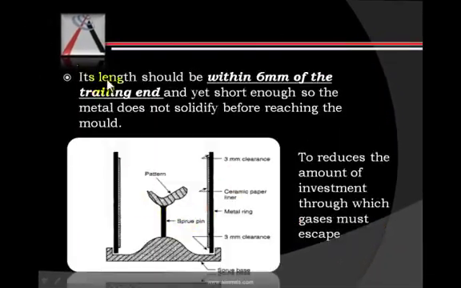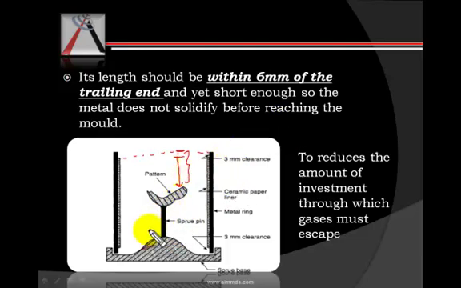Then comes the length. Now after talking about the thickness of the sprue former, we'll be talking about its length. Length of the sprue former is important because we have to position this casting such that the distance from the surface of the investment to the wax pattern should not be more than 6 millimeters.